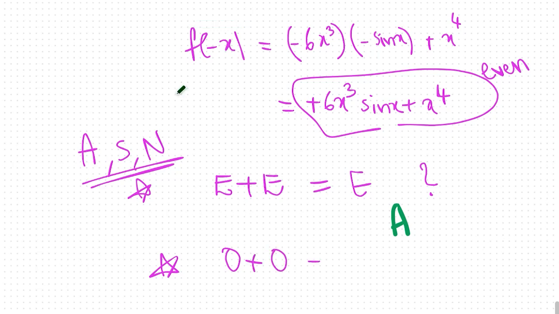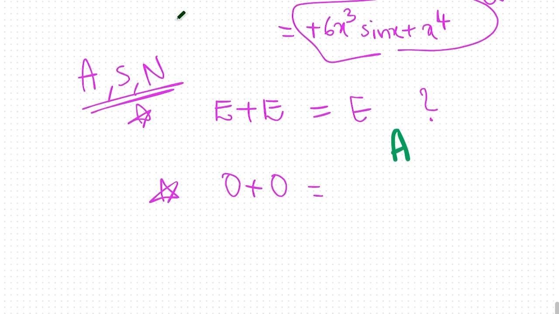Let's say one function is x and another function is negative x. Odd plus odd will be 0. So is it an even function? No, it's an odd function.